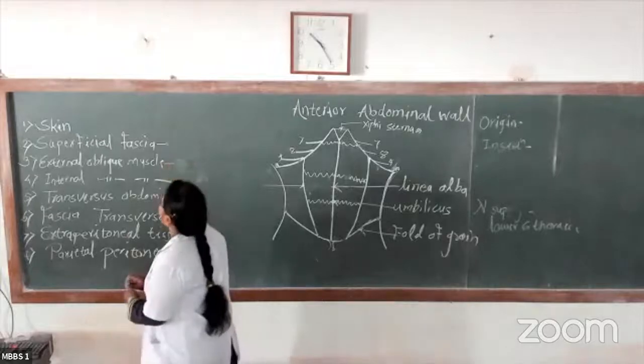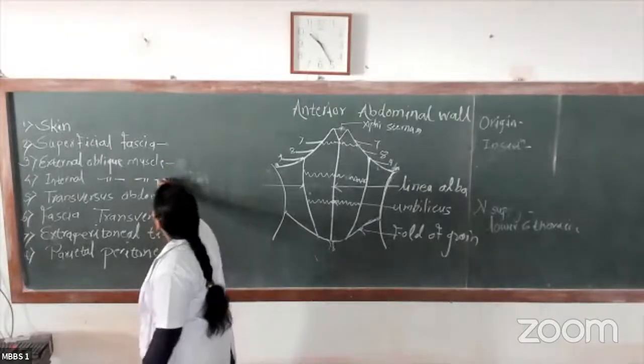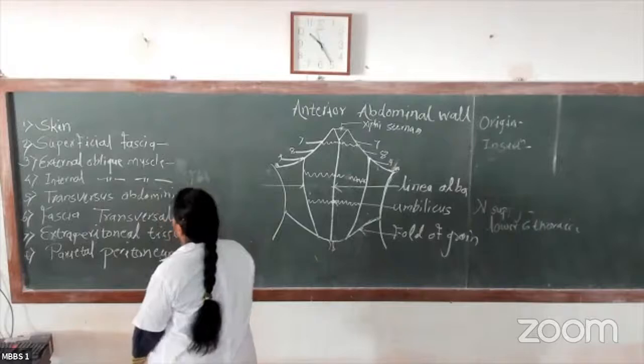Now, next to the external oblique, there is the internal oblique muscle.